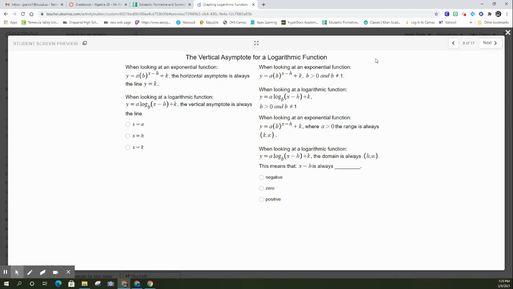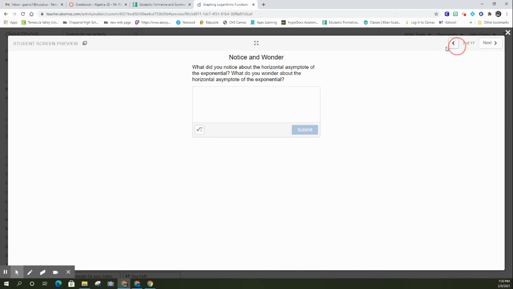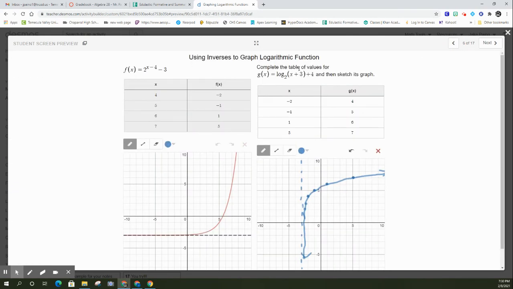All right, we got a couple questions here for you. On the left side of the screen it says, when looking at an exponential function, the generic form y equals a times b to the x minus h plus k, the horizontal asymptote is always the line y equals k. When looking at a logarithmic function, y equals a times log base b of x minus h plus k, the vertical asymptote is always the line, based on the last one, h.